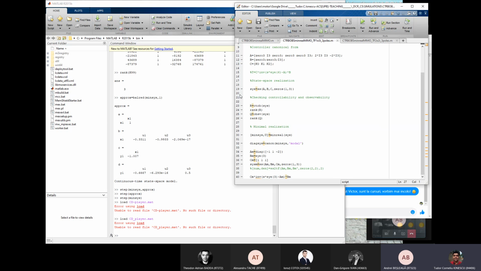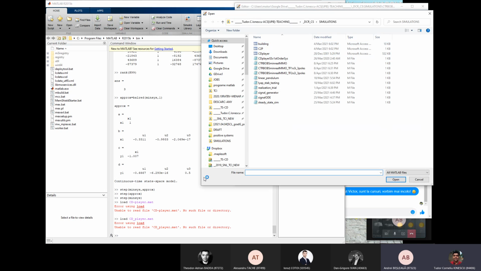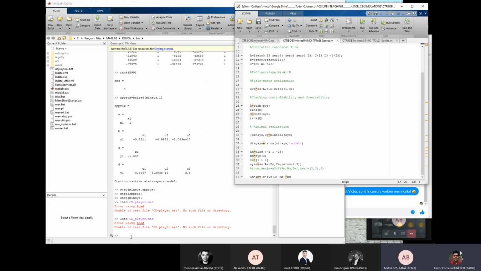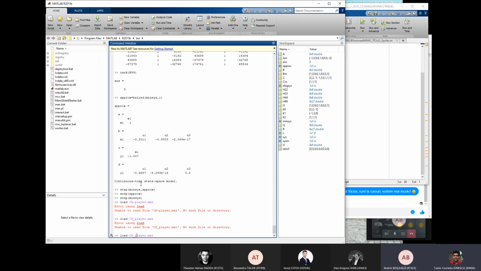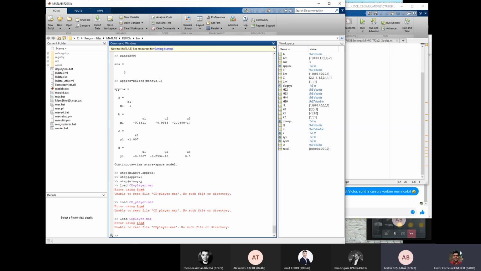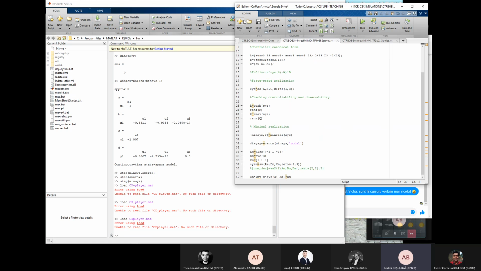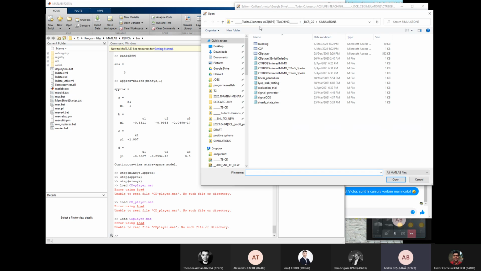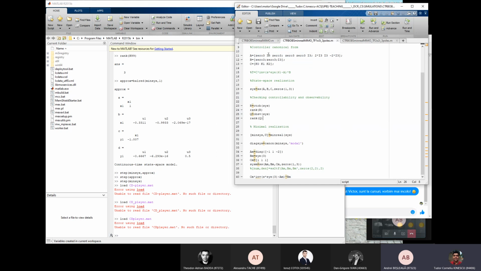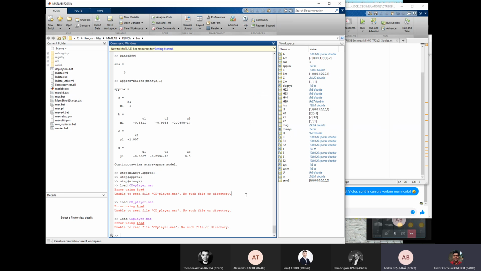I should be. Oh no, it's CD player. I had the command wrong. The current folder is in MATLAB. Okay, never mind. Let me do it like this. Okay, so he loaded the MATLAB.